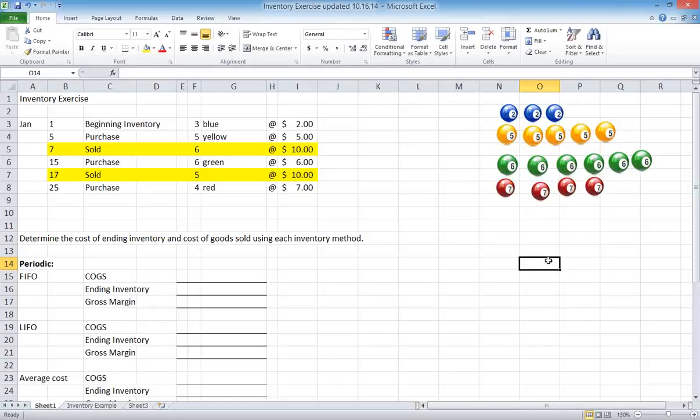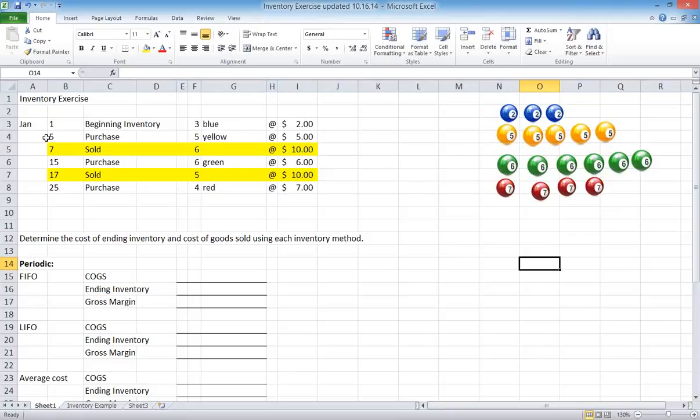The color just represents what their cost was, as we move this inventory to help us get a feel for how the flow of cost works. The color is really all the same. It just helps us identify these.